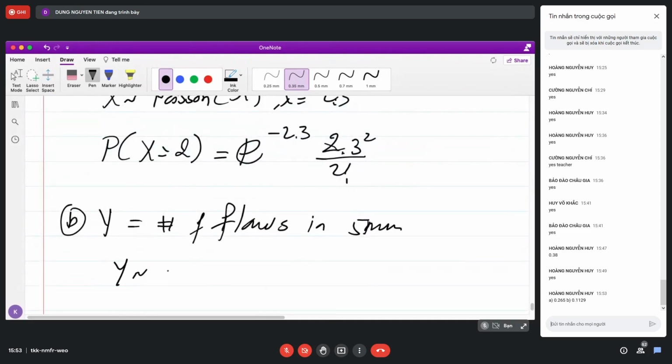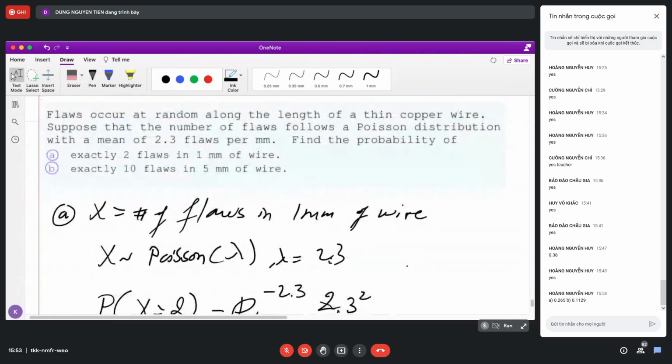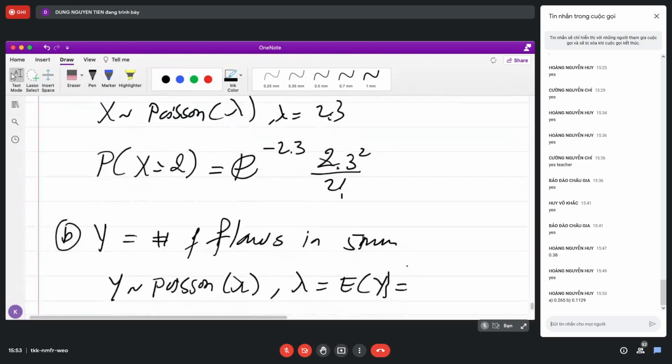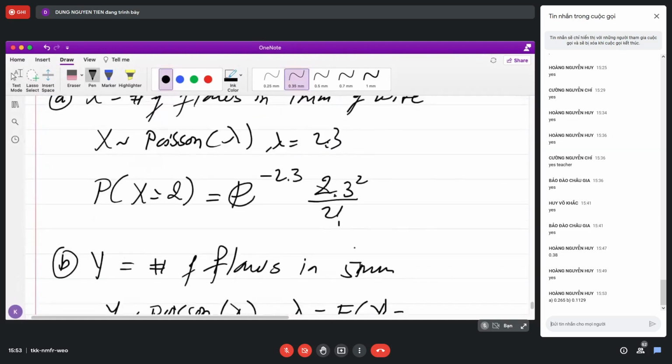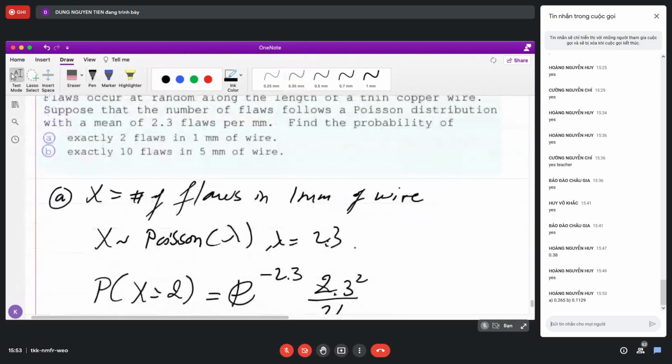Then Y follows a Poisson distribution with the parameter lambda. What is lambda? Be careful, it is 5 millimeter of wire, not 1. In 1 millimeter of wire, you observe 2.3 flaws on average.